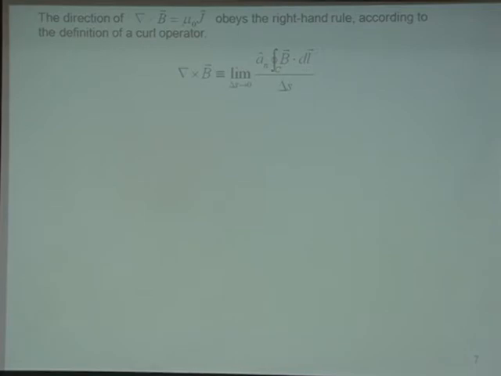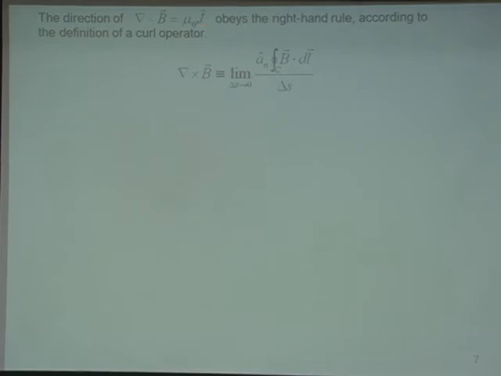So the direction of the path goes along the direction of your four fingers, and the direction of your thumb is along the direction of the current. So the B field direction follows your path direction, when you do a circulation calculation.